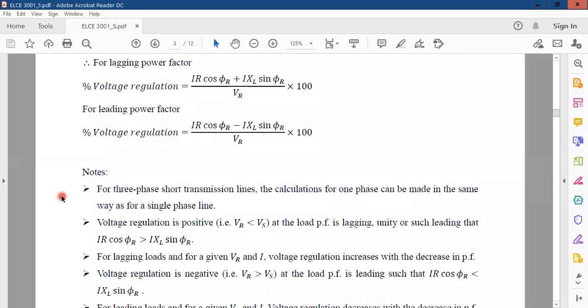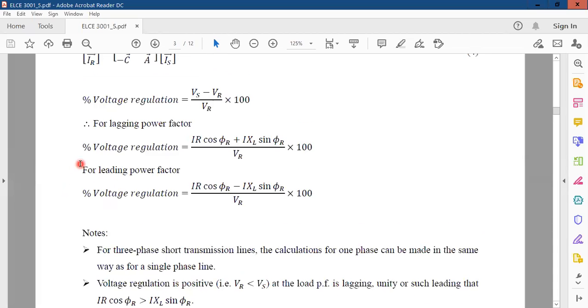Because the probability of making a mistake is going to be less. Now, this is the voltage regulation. For lagging power factor, if we want to calculate voltage regulation, it's going to be plus, while for leading power factor, we will use minus.